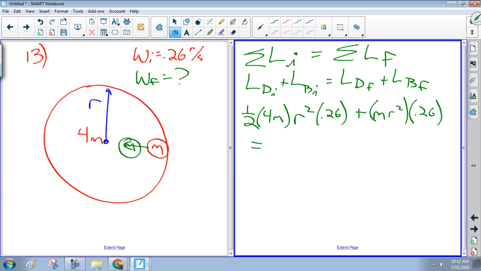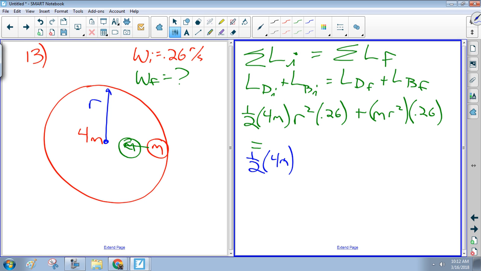Equals, what's going to change on the other side of the equation? The radius and the omega. Omega will change. So let's do the disk. For the disk, I'm going to have 1/2 times 4m. Do I divide my radius by 2? No, because the radius of the disk has not changed.